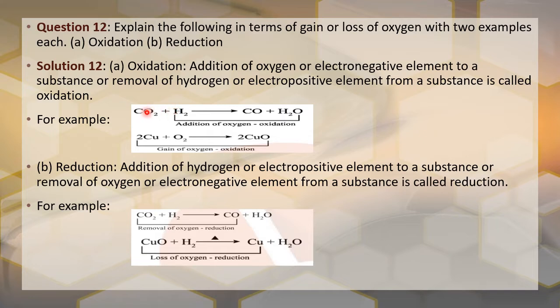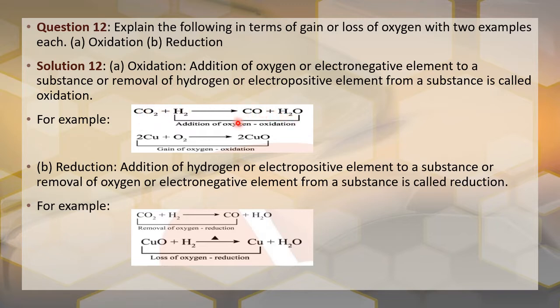So this is called removal of what? Oxygen, right? So converting CO2 to CO is known as reduction. So H2 to H2O is oxidation. CO2 to CO is called reduction.